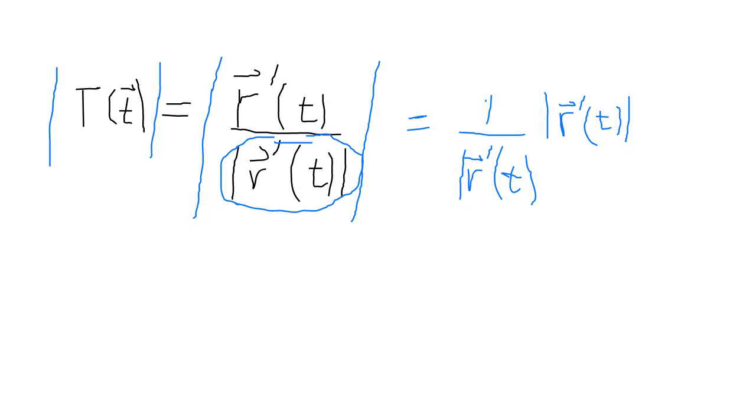And you have this. So indeed, it equals 1. Are there any questions? That's why they're defining the tangent vector as a unit vector. We call it a unit vector because it has length 1 for any value of t.